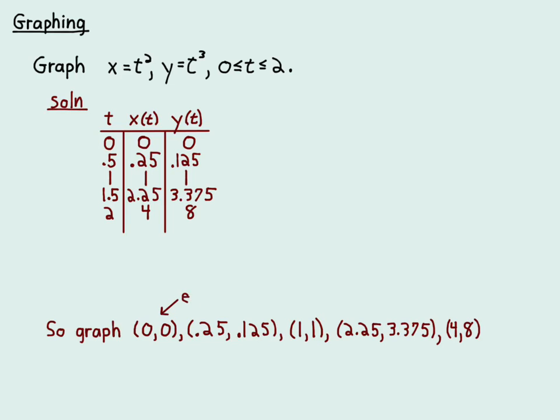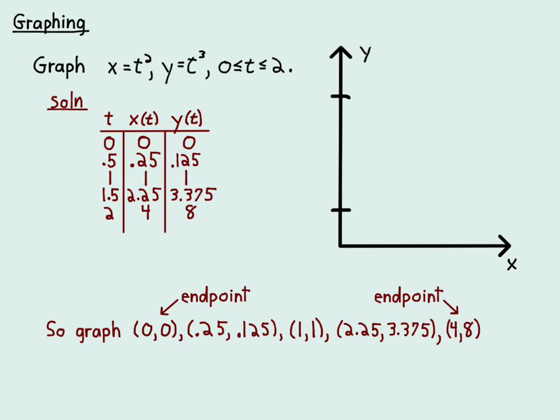Okay, now the graph should make more sense. So the endpoints 0, 0, and 4, 8. I put all my notches that I need. The horizontal scale, each notch is 0.5. The vertical scale, each notch is 1. So I got 0, 0, let's do this more slowly.